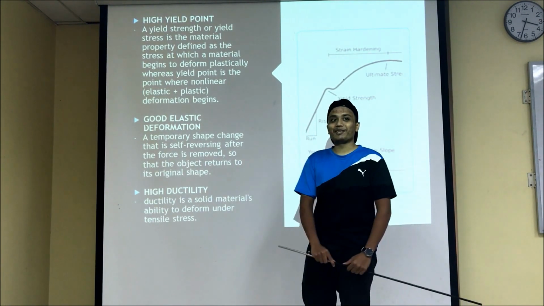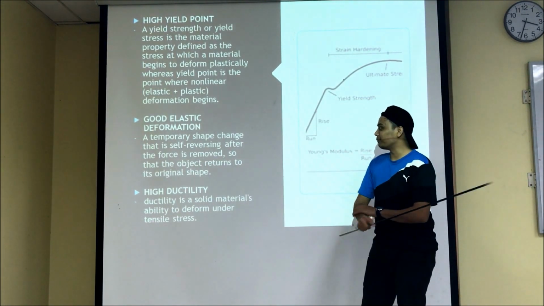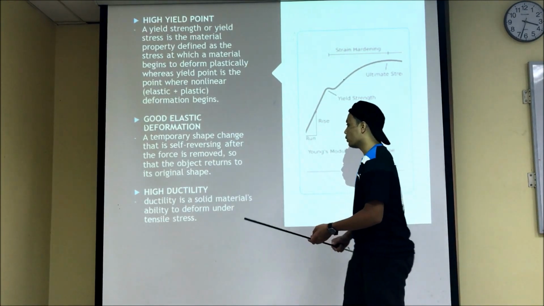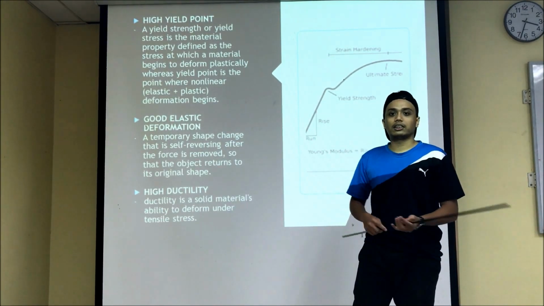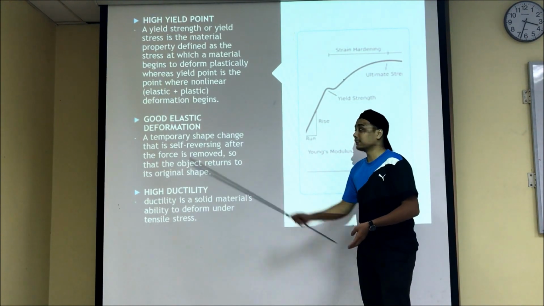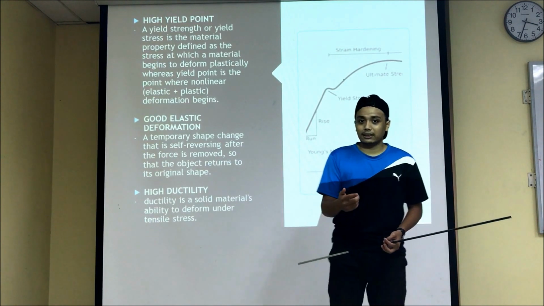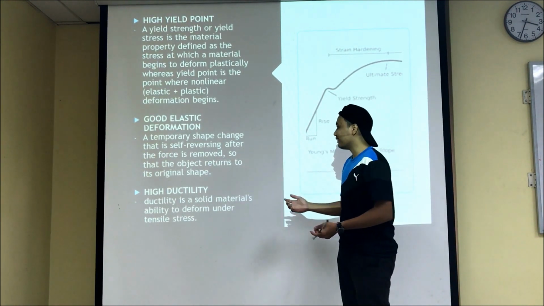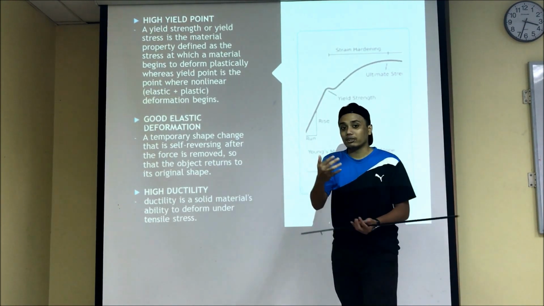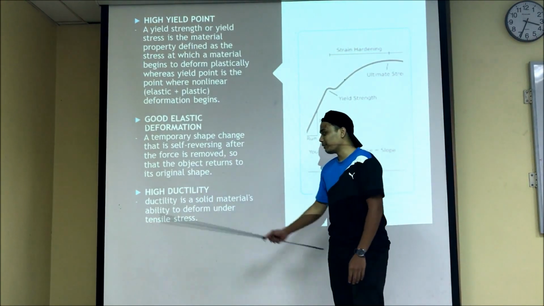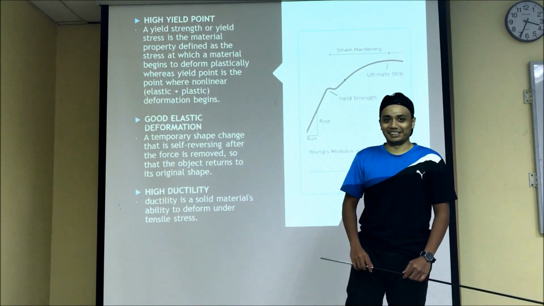Okay, good elastic deformation: a temporary shape change that is self-reversing after the force is removed, so that the object returns to its original shape. As I said just now, the crankshaft must not change its shape when the force is removed from the object. Besides that, we must have high ductility.